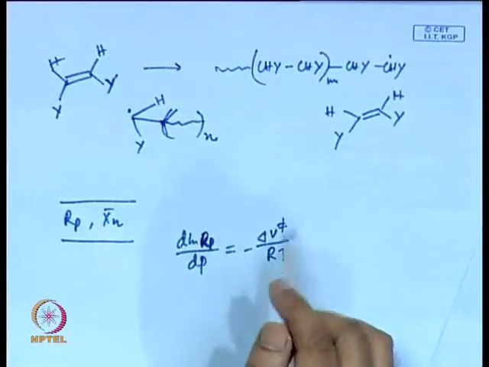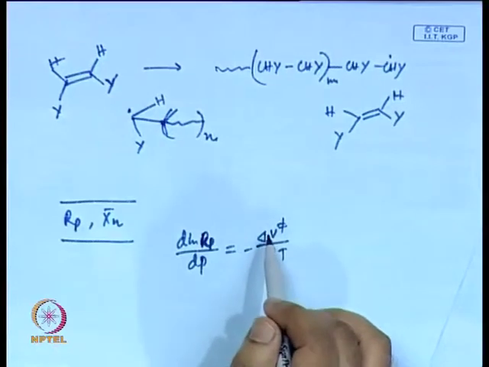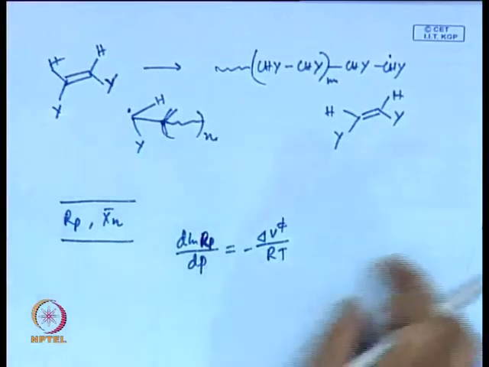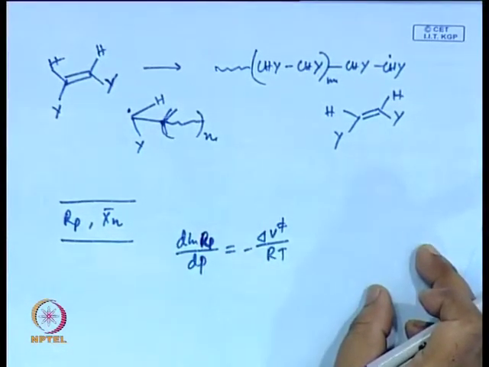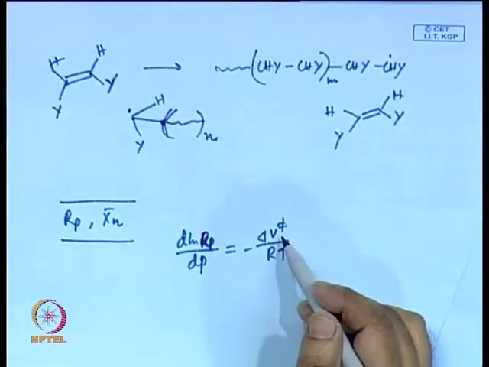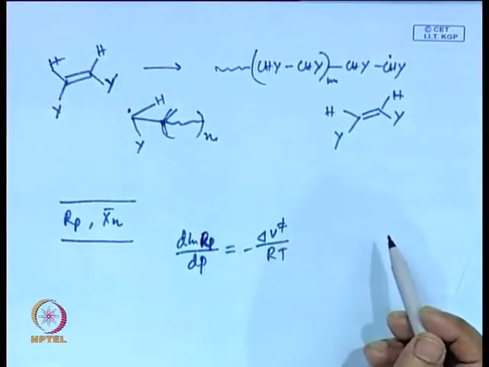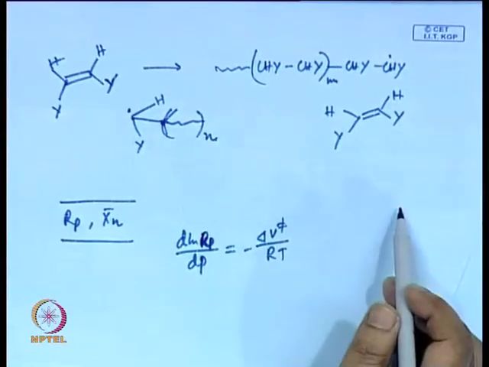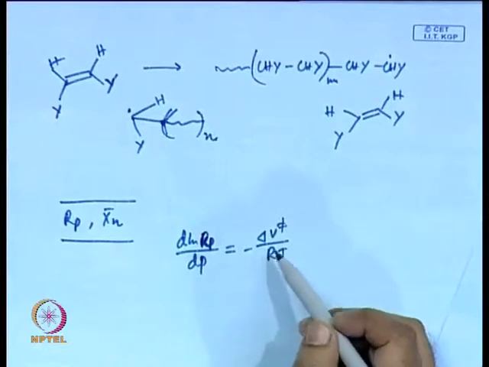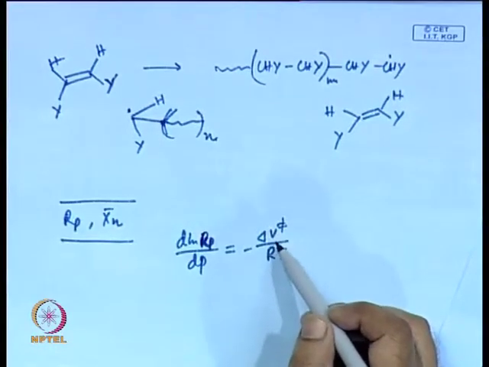Depending upon the value of this activation volume, which is the change in volume when the monomer goes from the monomer state to the transition state: if the volume is lower in the transition state, then del V will be negative. If the volume of the transition state is higher than the monomer volume, then the activation volume will be positive.